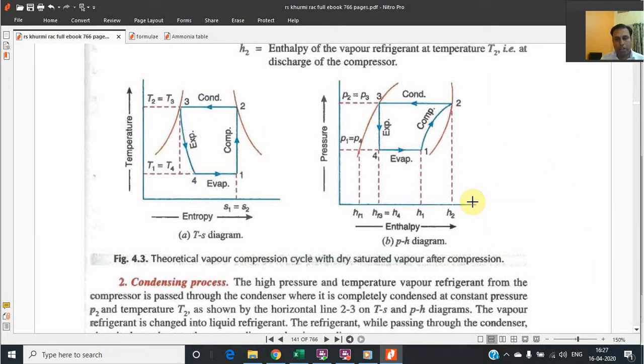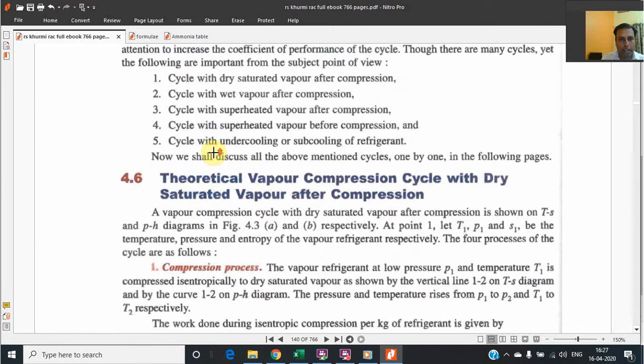Now what they are doing over here: starting in the compression process, if the refrigerant is saturated after compression, it means you have to reach this saturation curve. If you lag behind this saturation curve, then it is wet vapor after compression. If you go beyond this curve, then it is superheated vapor after compression. So the 3 starting cases are dry vapor after compression, wet vapor after compression, and superheated vapor after compression.